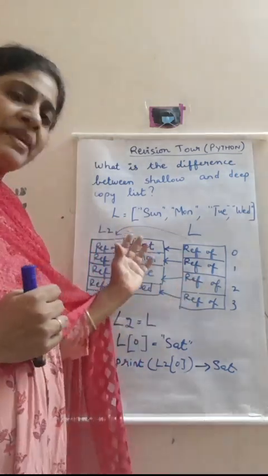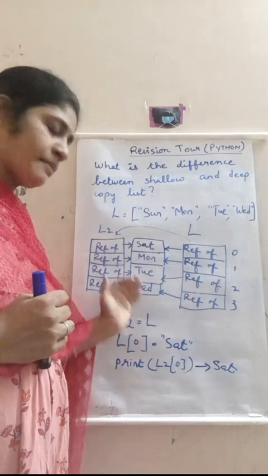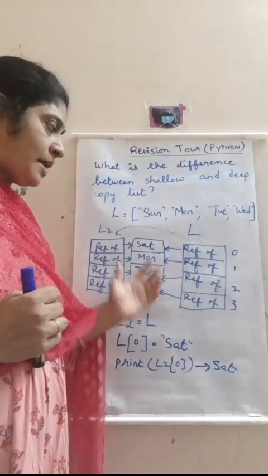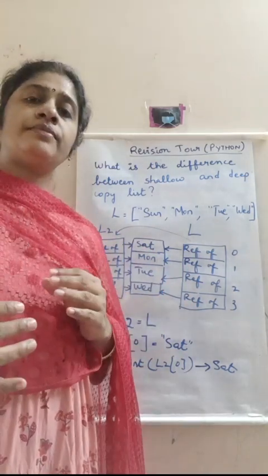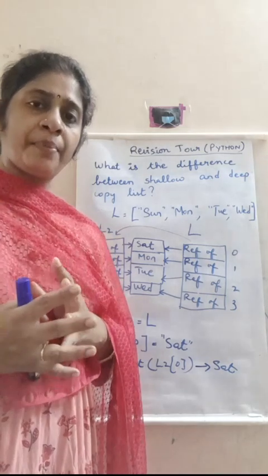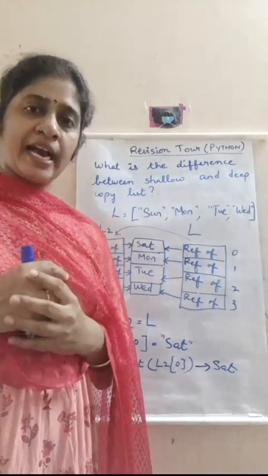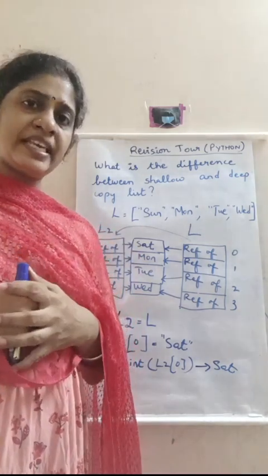Here memory is not allocated and the same location is referred to by another name, but in the case of deep copy, new memory will be allocated, which we will see now.